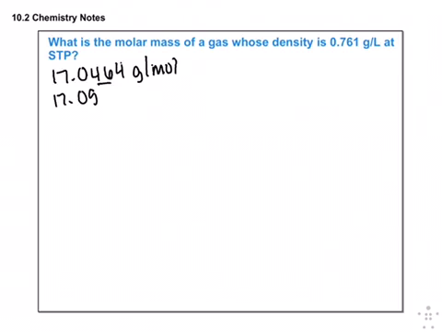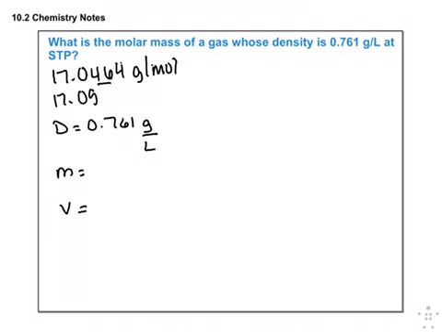Yes, no? Yes. Okay. So let's just go through this problem quick. It's sounding like you guys are understanding this maybe. So the density you're given is 0.761. The unit for density is grams over liters. And it wants the molar mass, so mass.